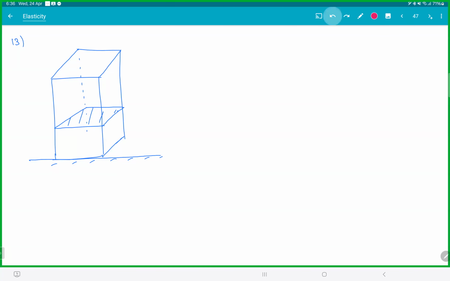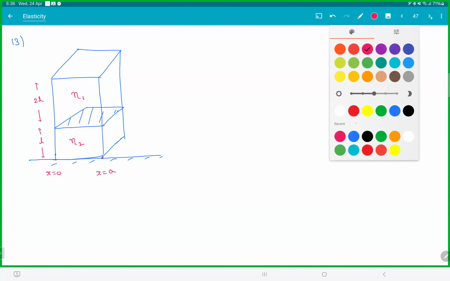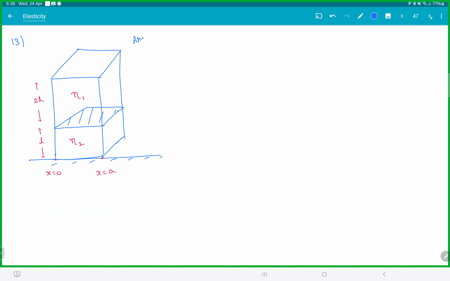The upper one's rigidity modulus is eta 1. The lower one's rigidity modulus is eta 2. This is x equals 0. This is x equals some a. This length is L. This length is 2L. Area is A, and there are two blocks which are stuck to each other. The lower block is fixed to the ground, and here you have stuck both the blocks together.